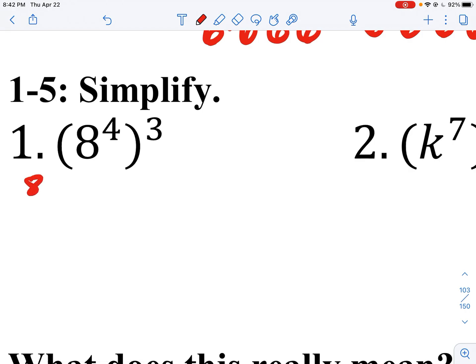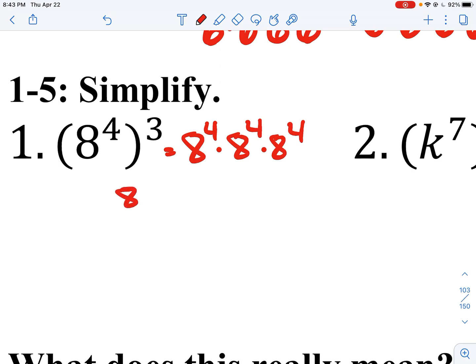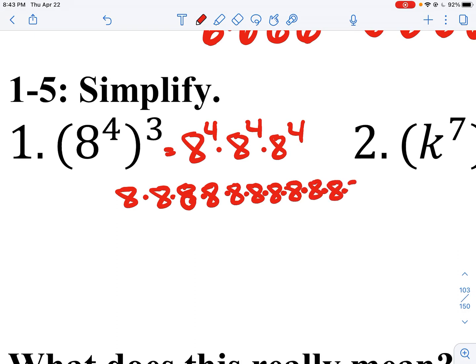I'm going to write it the other way first. This is the same thing as 8 to the 4th times 8 to the 4th times 8 to the 4th. So 1, 2, 3, 4, 1, 2, 3, 4, 1, 2, 3, 4.